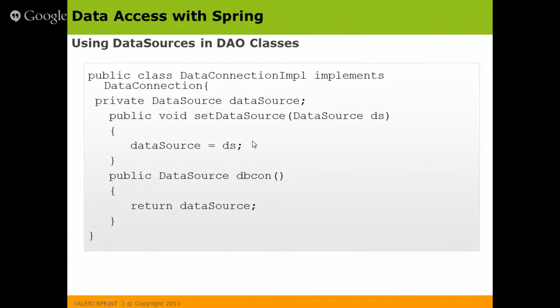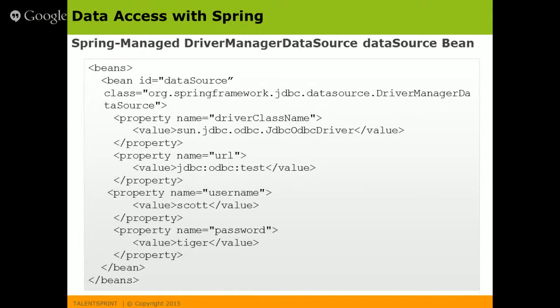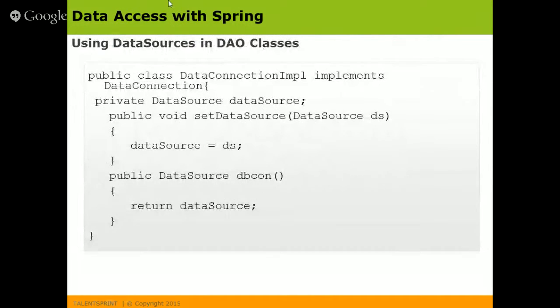So if you want to inject the data source which we created through XML, we have to specify it here as a private variable. We need to create a private variable for the data source to which we are going to establish the connection. Automatically, when you write the data source and its setter and getter methods, the bean factory will inject the data source into our setter method.